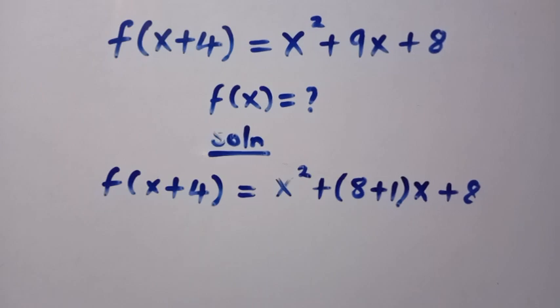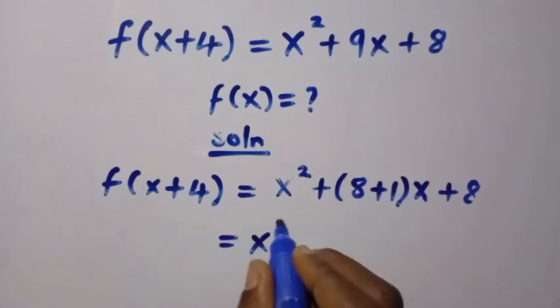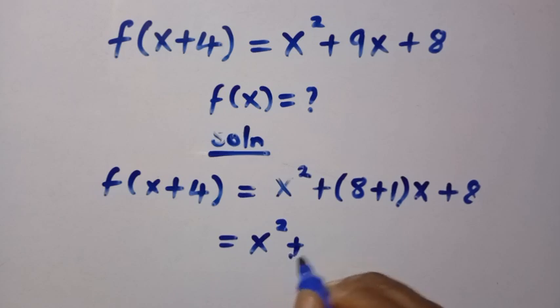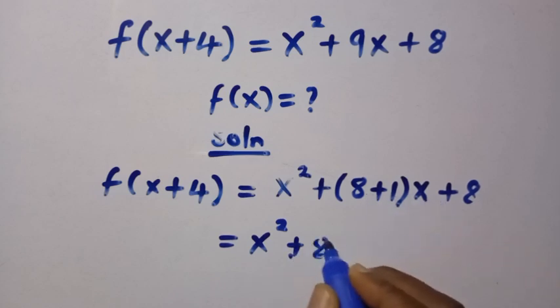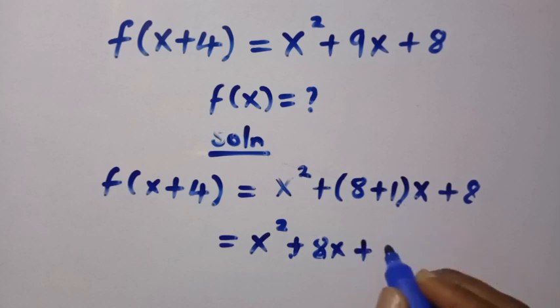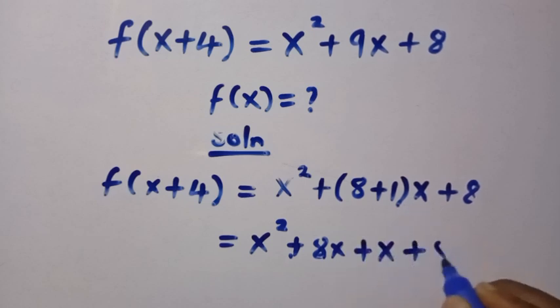So let's try and expand this. By expanding this, we have x squared plus 8 times x, that gives us 8x, plus 1 times x, that is x, plus 8.